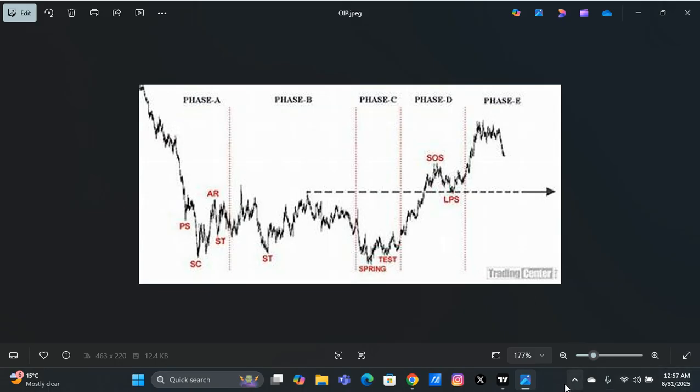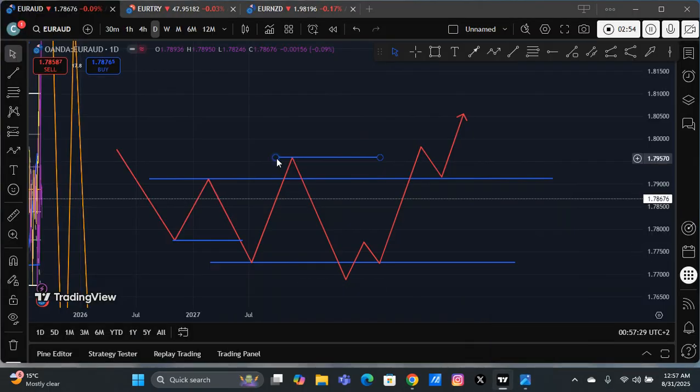So let me explain to you what I mean by market makers. Let's say macroeconomics tells you to buy the currency here, and the currency comes back. What happens to it? It takes you out. This is where you were supposed to be in profit.